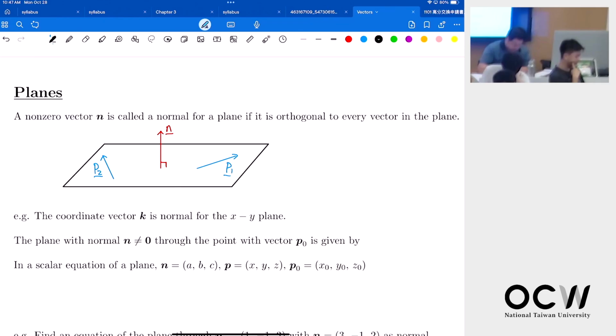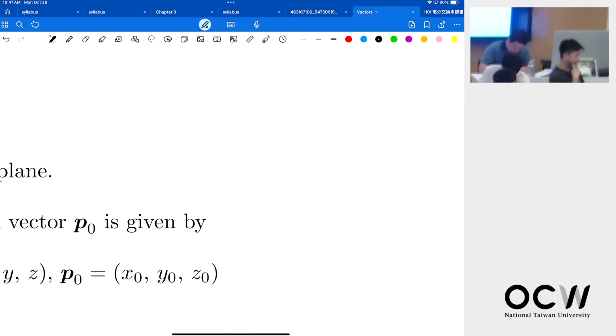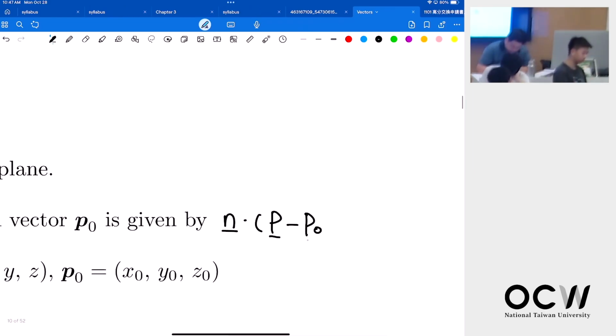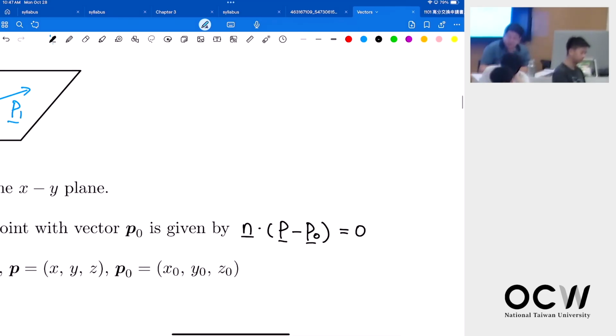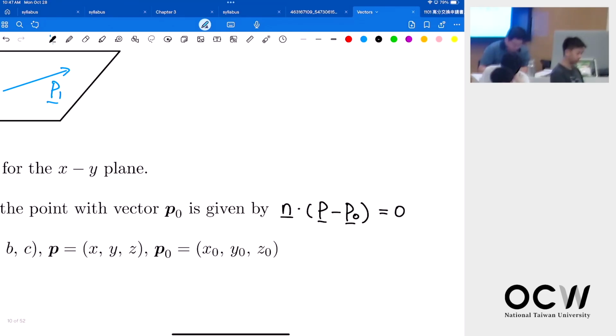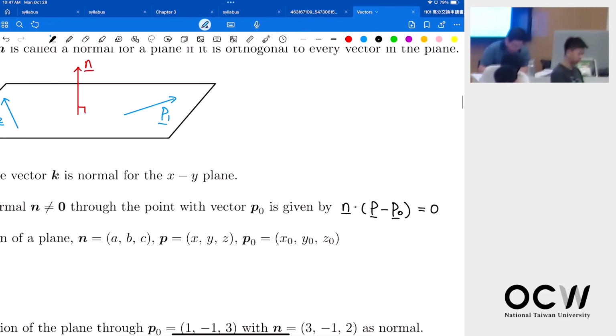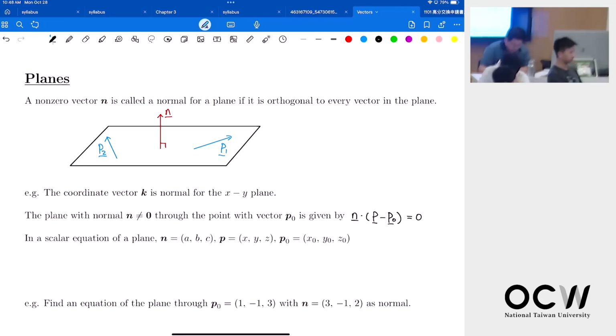N dot product (P minus P naught) should be 0, and this 0 is a scalar. So if we want to express a plane with a scalar equation, we can use this idea, because the normal vector dotted with any vector in the plane should be 0.